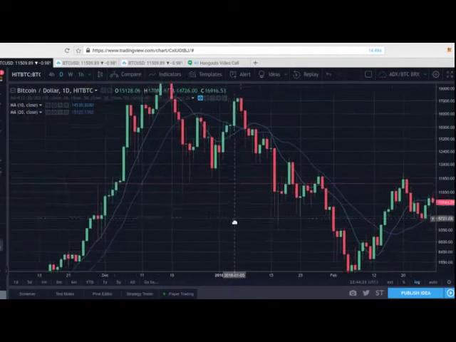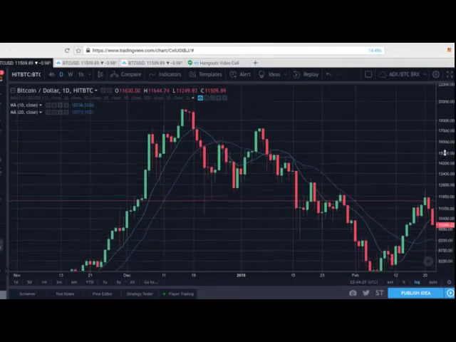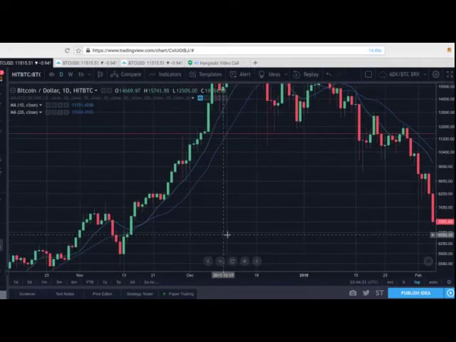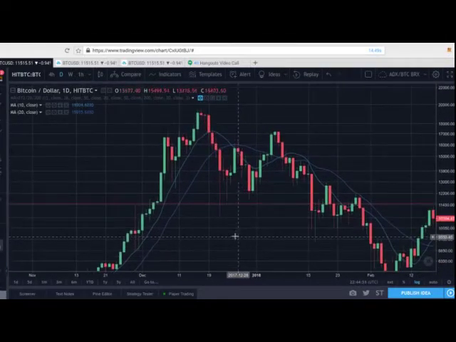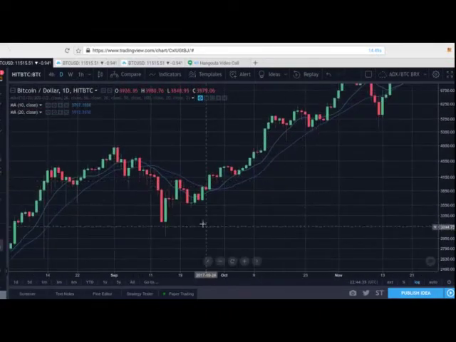Now, there are two things that I want to point out very quickly, and these are your most basic things to look for. You're looking for crossovers of the moving average; that is how you use this indicator. You always want to use these two indicators as a fast one, the 10, and a slower one, the 20.